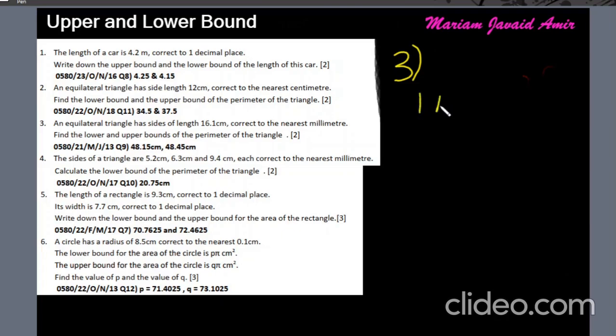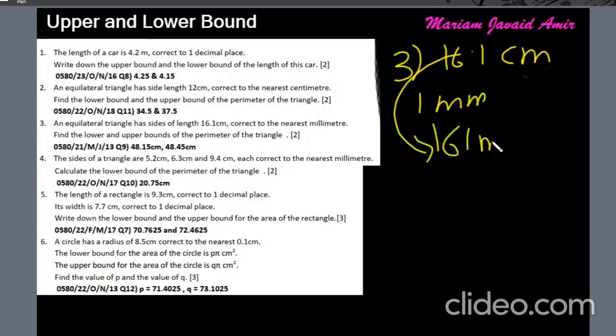So 1 millimeter, and the length was in centimeters. So we have a unit conflict in the question. So first we need to ensure that the units are the same. So let's change 16.1 centimeters to millimeters. So this becomes 161 millimeters.